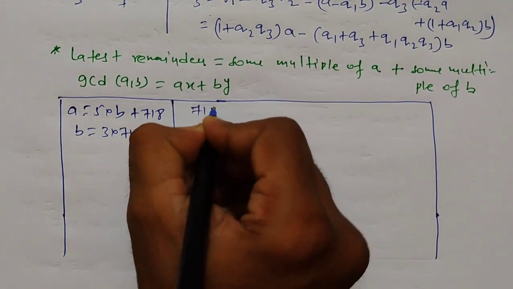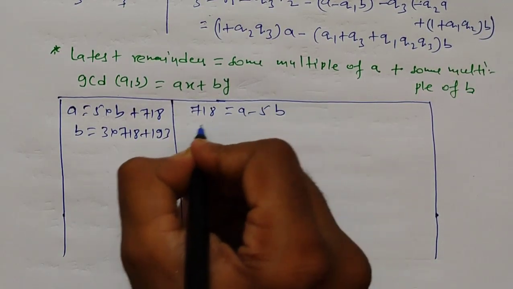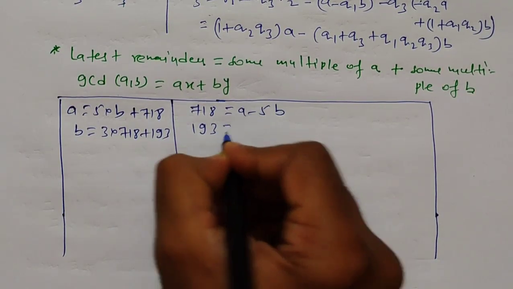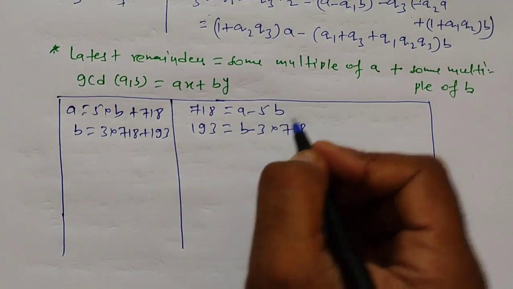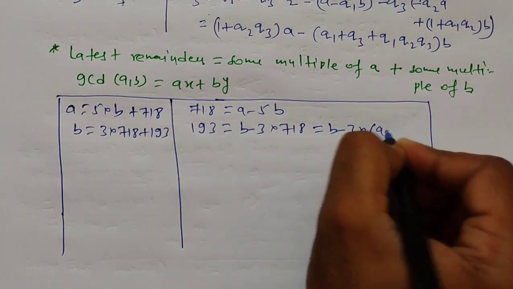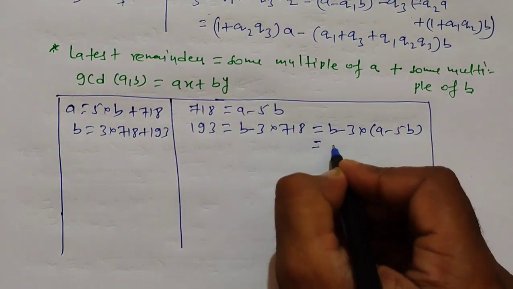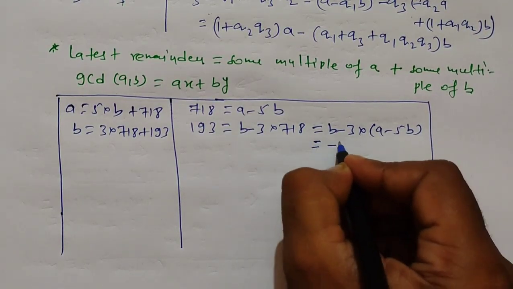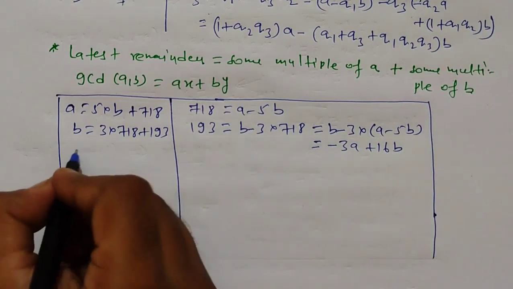Here 718 is equal to A minus 5B, and 193 is equal to B minus 3 into 718, and this is equal to B minus 3 into A minus 5B. This is equal to minus 3A plus 16B.